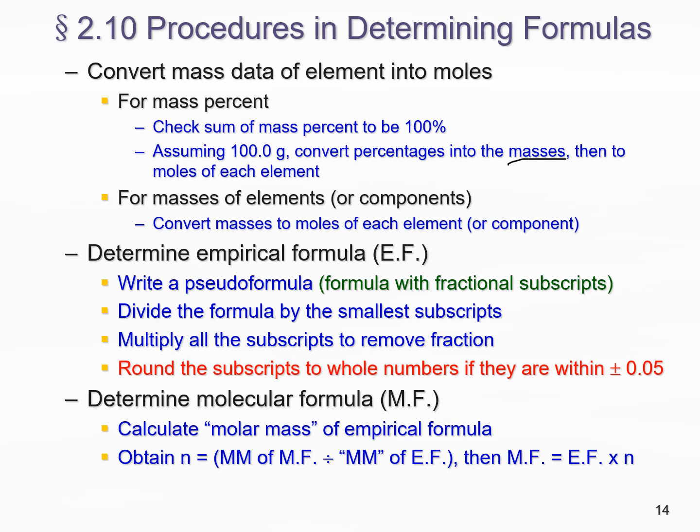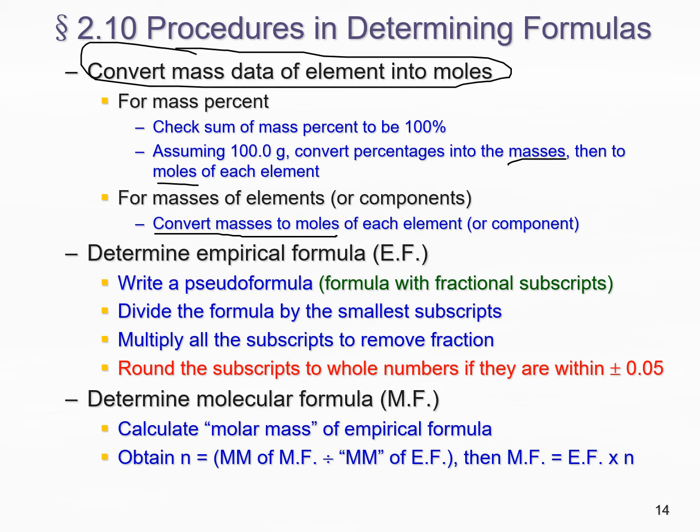First we need to get the mass, then the moles. Of course, as you will see in your homework assignment, sometimes we have the mass of each element. If we do, we simply convert the mass into the moles of each element. So basically, we try to convert mass data into moles.